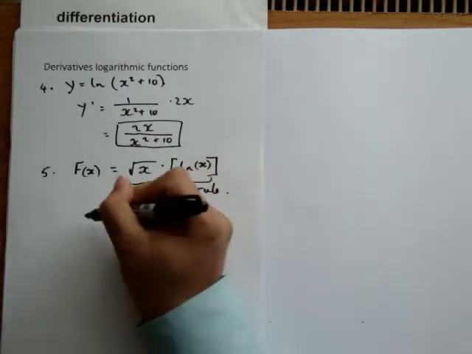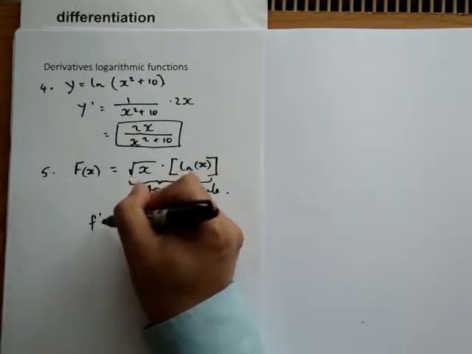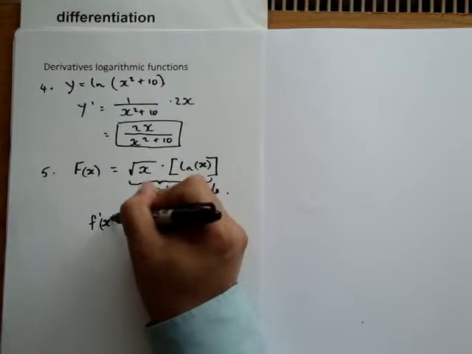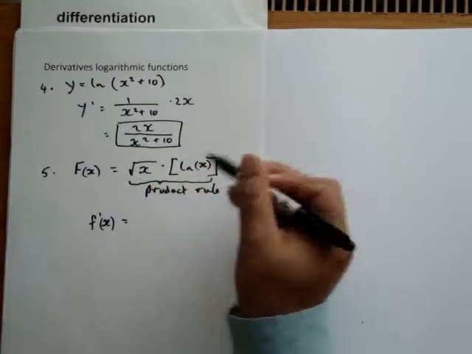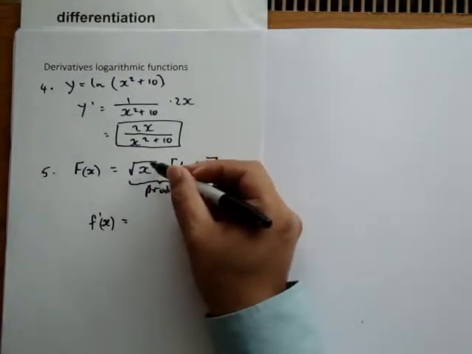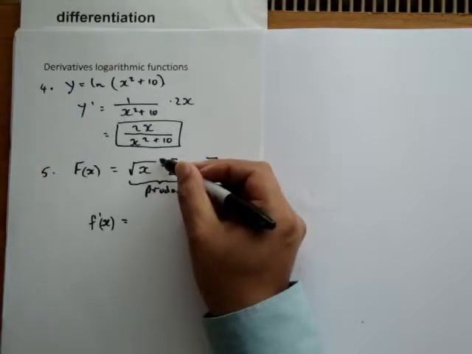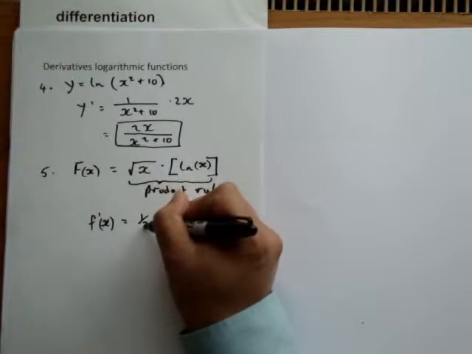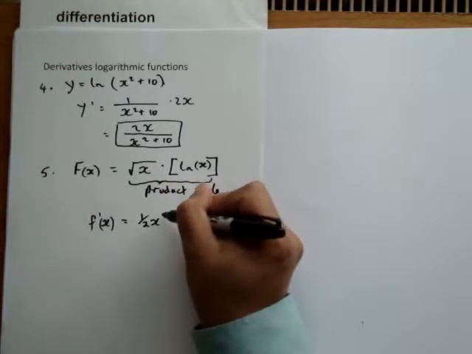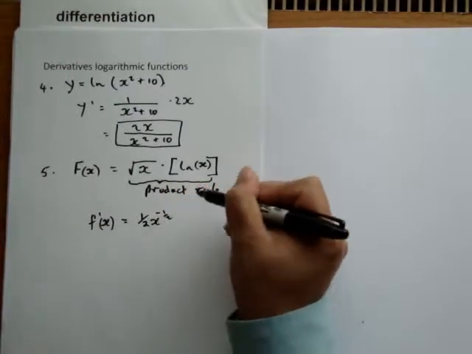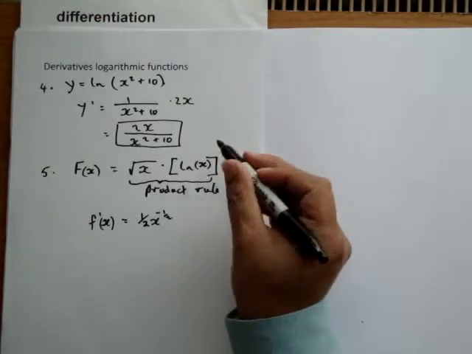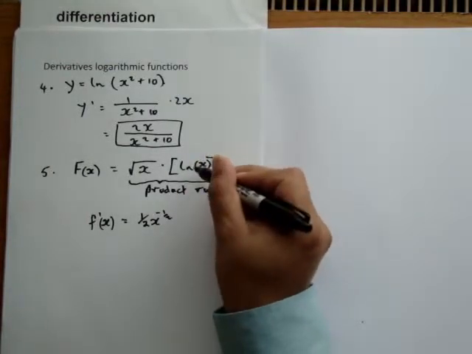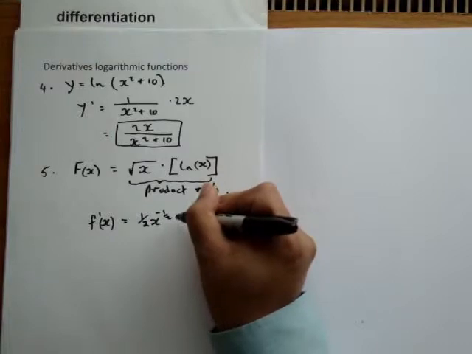Differentiating, x to the half becomes half x to the minus half, and we leave the natural log of x alone.